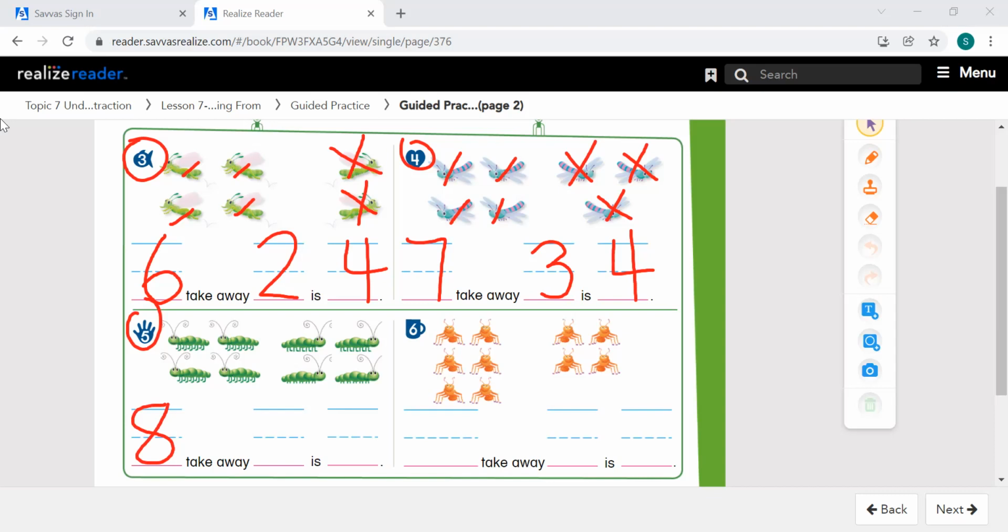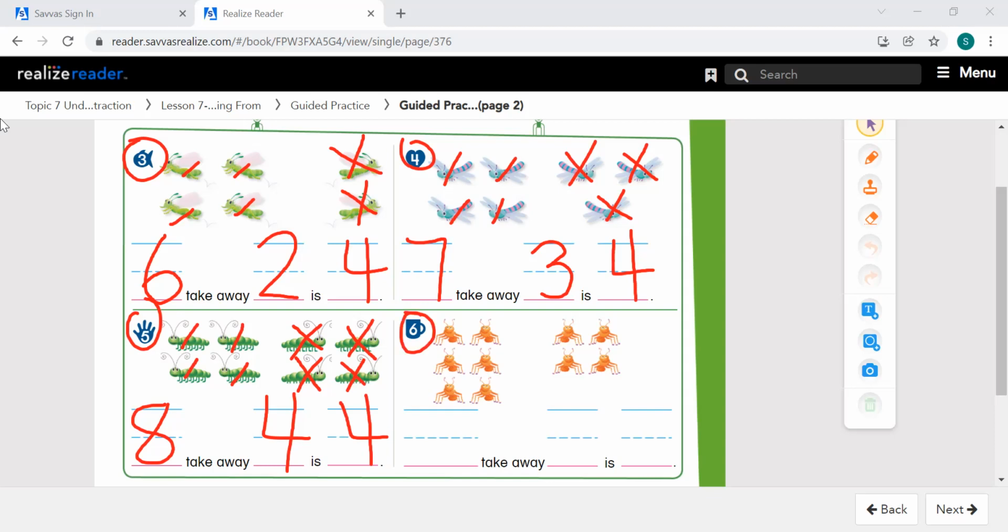We mark an X on 4 caterpillars that crawl away. 1, 2, 3, 4. So we are taking away 4. 8 take away 4 is, how many are left? Let's count them. 1, 2, 3, 4. So let's write 4. 8 take away 4 is 4.